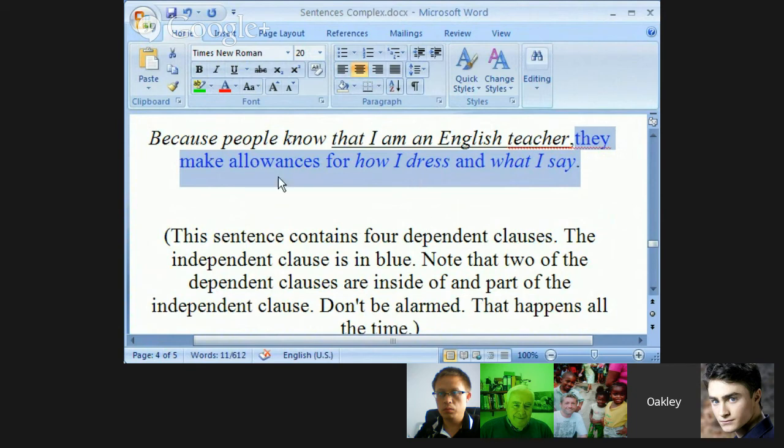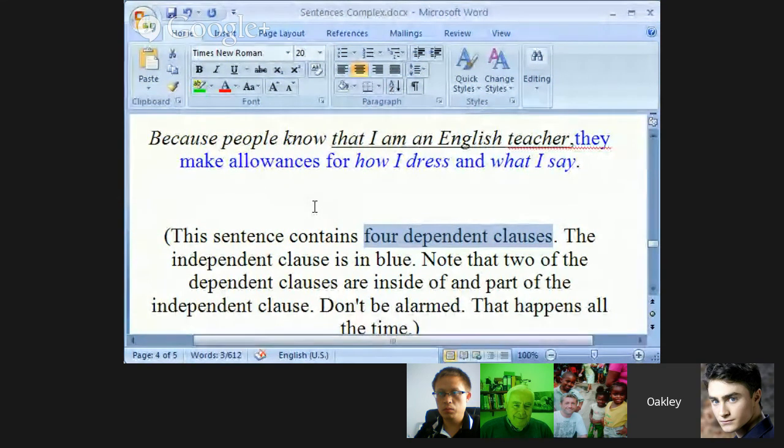So, where are our 4 dependent clauses? Santiago? We've already said that the blue is the independent clause, and we have 4 dependent clauses. Where are they? What are they?